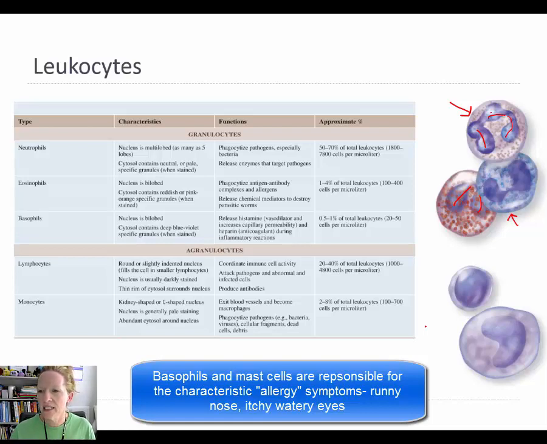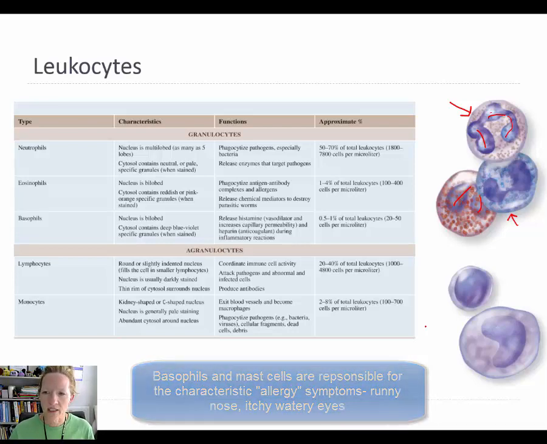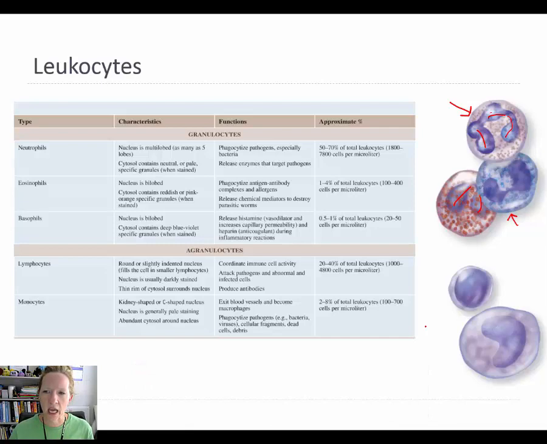Histamine is a vasodilator, so it is going to open up those blood vessels. It also makes the capillaries a little bit leaky, so it can cause some tissue edema. Heparin is an anticoagulant. These will come more into play when we get into the immune system, a couple of chapters away.